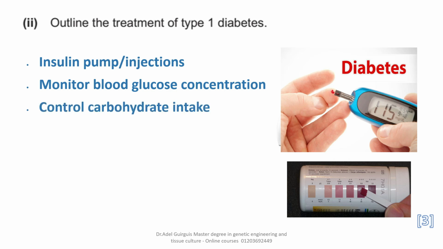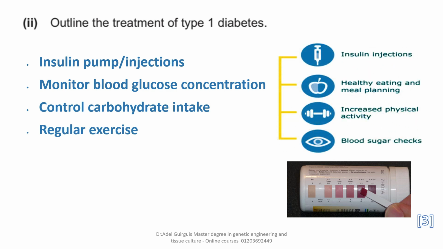Control carbohydrate intake, their diet: increase more fibers, more protein, less carbohydrate. Regular exercising. All of these items are needed by the patient to control blood glucose level daily.